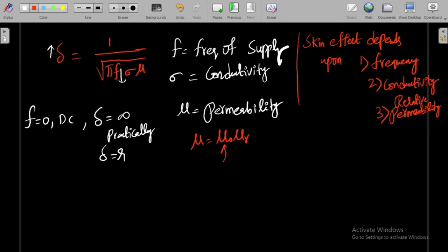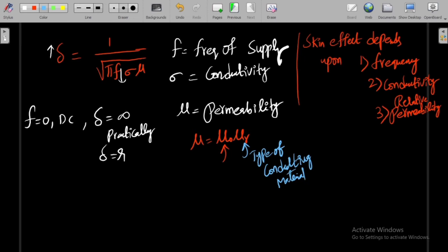Mu naught is a fixed value which does not depend upon anything. Mu r depends upon the type of conducting material. For copper, it is one value. For aluminum, it has another value. For lead, it is another value, like that. So mu r depends upon the type of conducting material.